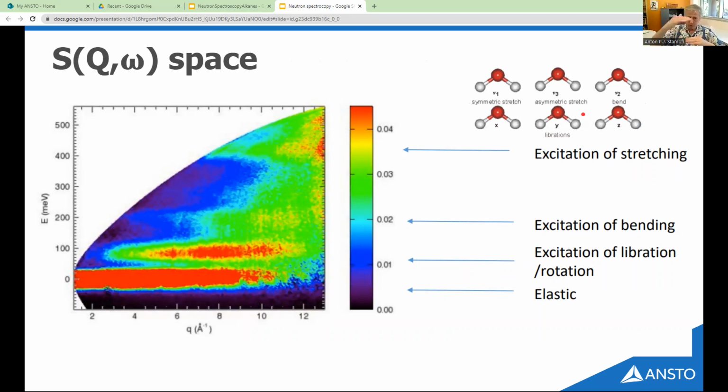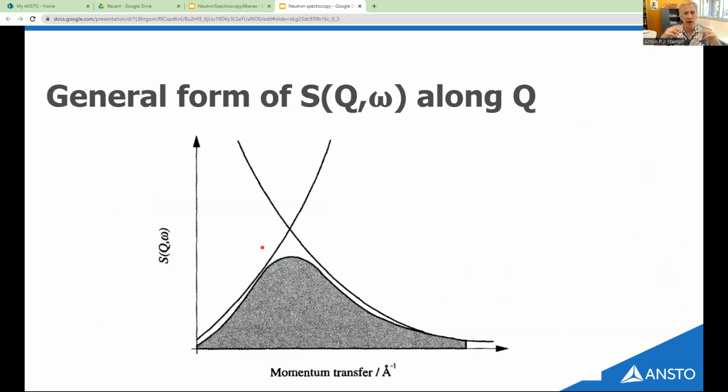We see these energies. The other thing I'd like to note is the distribution of energy in Q space here. In fact, it goes up and it goes down. It's like a normal distribution curve, and you can see that here. So one of the general forms of S(Q, omega), the scattering function, is that what we measure along Q has this type of shape.